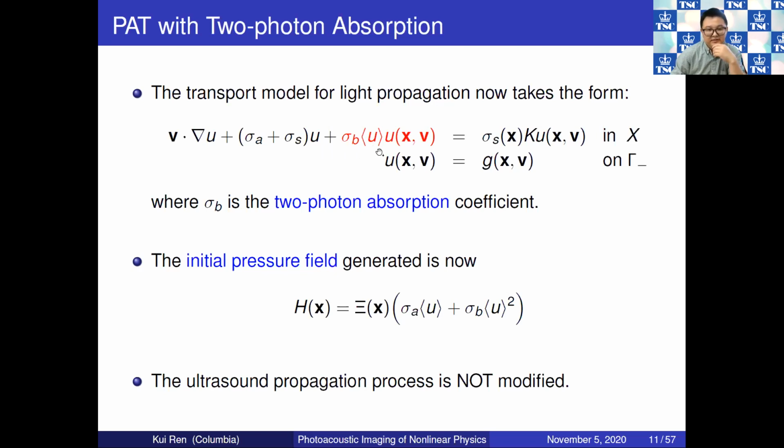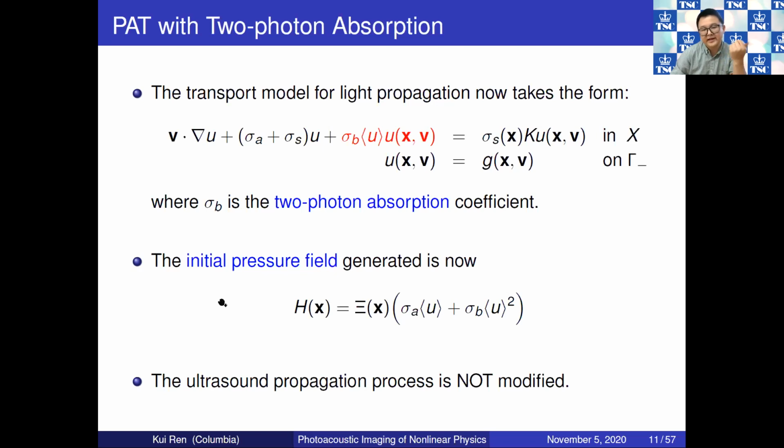Again, this looks nothing too bad, because this quadratic term is only related to U, not the gradient of U. But this averaging actually caused a lot of trouble in the study of the problem, at least for me and the people who work with me. It's hard enough to have that problem.